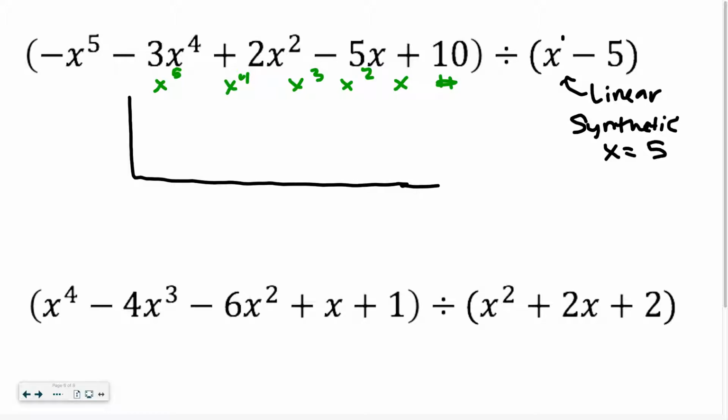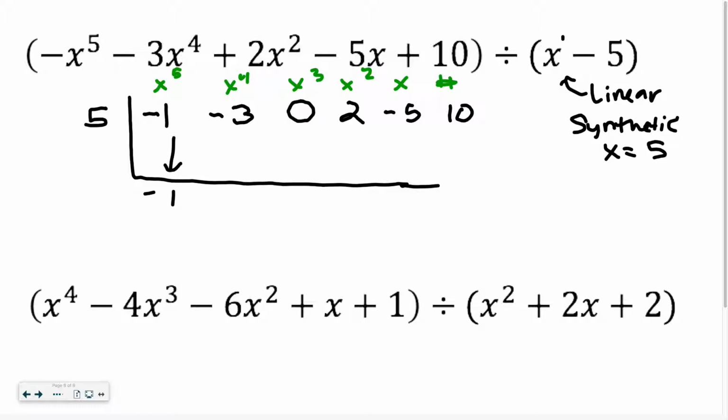In front of x to the 5th is a negative 1, negative 3, 0, 2, negative 5, 10. Do you see how easy it would be to skip a 0? How dangerous it could be to skip a 0? Then your add, down, and multiplies won't be the same after that. So I like to put all my x's at the top and make sure I have all of them. Put the 5 on the outside. Add, down, and multiply.